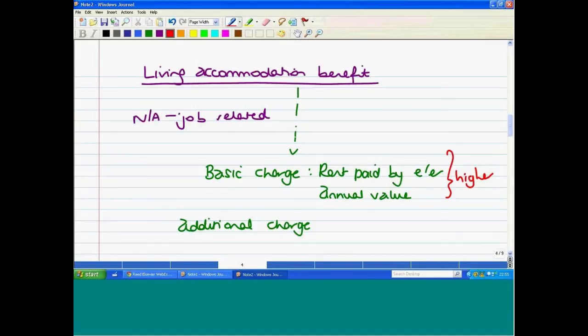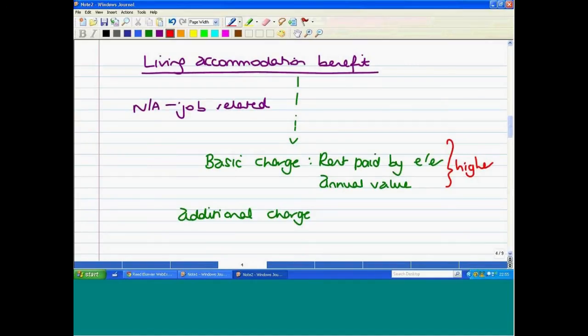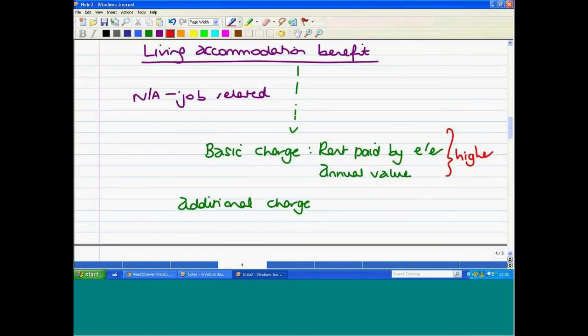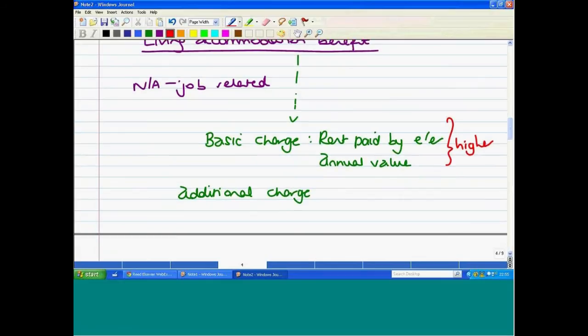Now this is one of the twists for living accommodation benefit that a lot of people get wrong. Yes, we need to consider an additional charge, but only in certain circumstances. Now the additional charge is when we have expensive properties. And of course, expensive properties, it hasn't changed for many years. We're looking at properties that have cost more than £75,000.